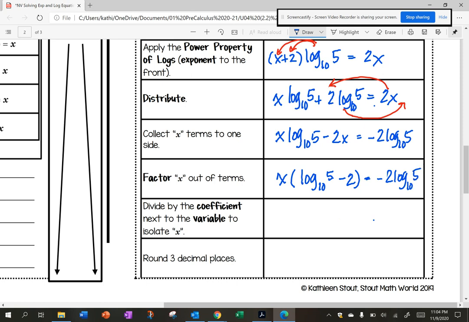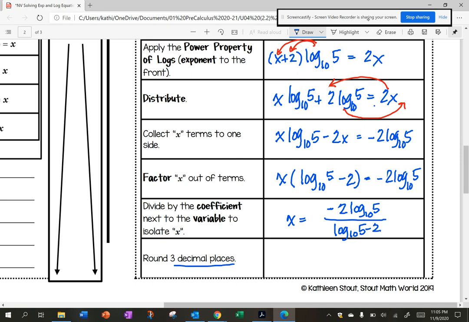And then my last step is I'm going to divide by what's next to my variable. So I'm going to divide both sides by log base 10 of 5 minus 2. So I get x equals negative 2 log base 10 of 5 divided by log base 10 of 5 minus 2.